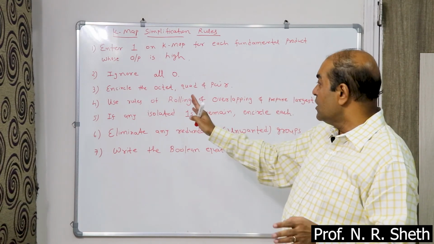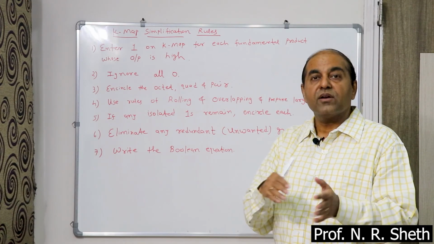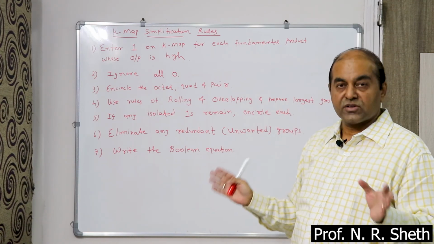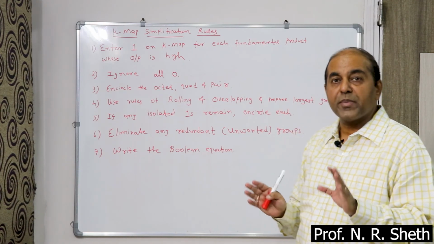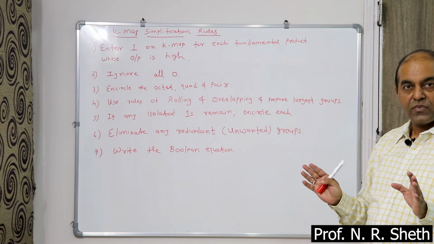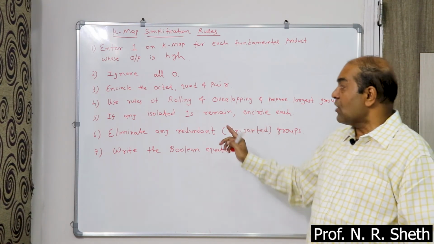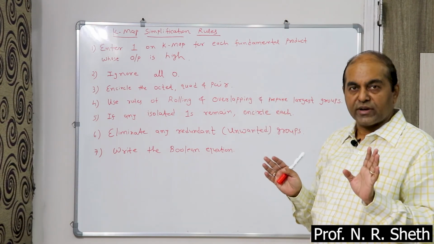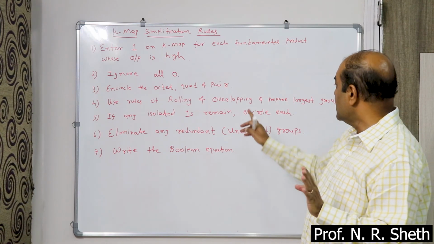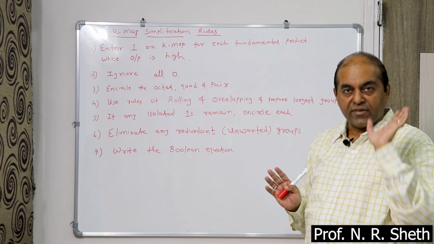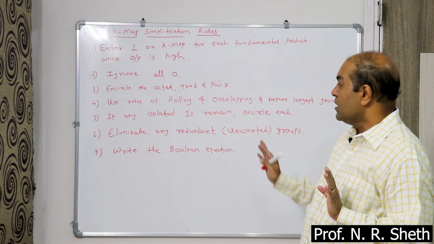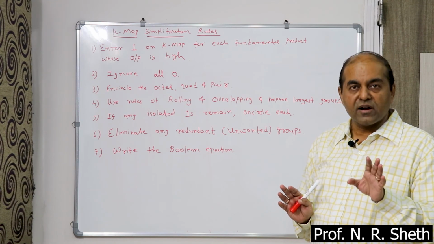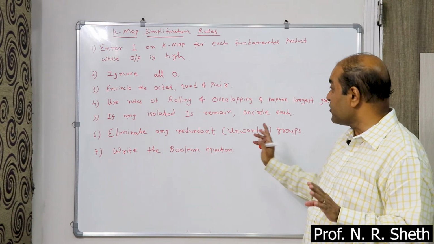Number 4, use the rule of rolling and overlapping. Again, next lecture. And prepare the largest group. Here your target is to prepare the largest group. Number 5, after all this, if any one is isolated and left out, you have to encircle that single variable. Number 6, eliminate unwanted, redundant groups. This is also a very important condition.